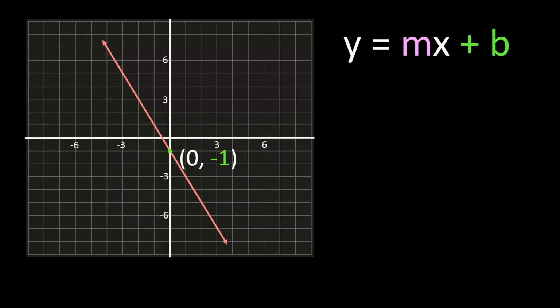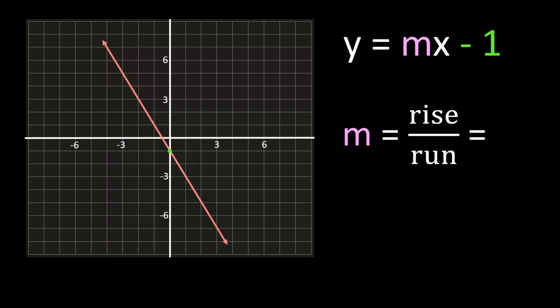So when I substitute the y-intercept of -1 in for b, I'm going to have y equals mx minus 1. Now I can find the slope, and for slope, we're going to be looking at rise over run.